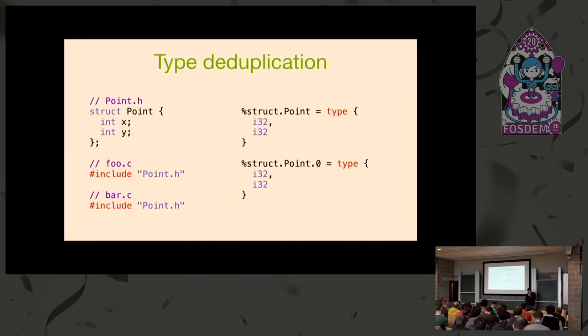This is the other part, one of the big problems that I just faced several weeks ago. In source code, you can define a struct type in a header, and then you include this header into two different compilation units. Then you compile them both differently, and at the LLVM level you have two bitcode files that have types like struct point and struct point in the other module.